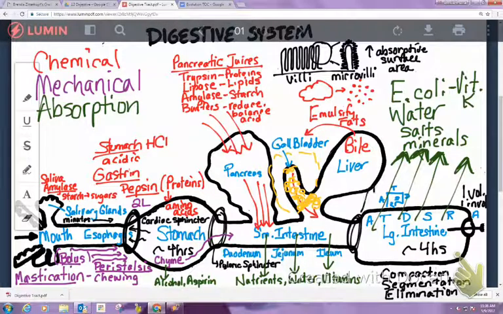Oh, a little thing we forgot here, the appendix. The appendix is a blind pouch that comes off of the very first part of the large intestine, the cecum. And then this valve here is the ileocecal valve.